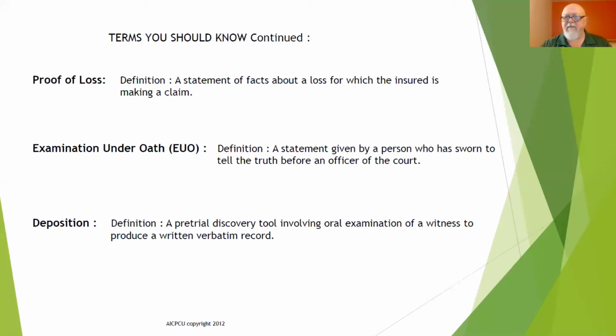So it's a notarized signature. And it often will close the case. In other words, the policyholder has no further remedy with the insurance company beyond what has been paid. And that proof of loss is a statement that says that the insured is now satisfied in full with what the insurance company has provided.